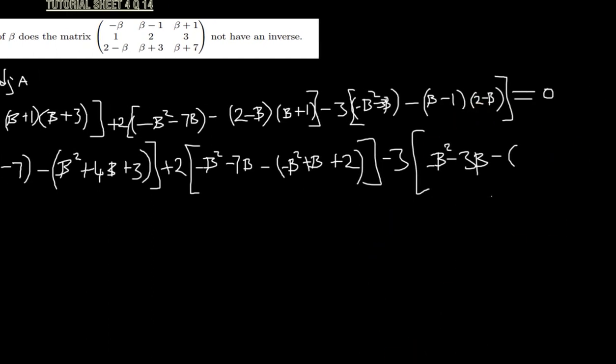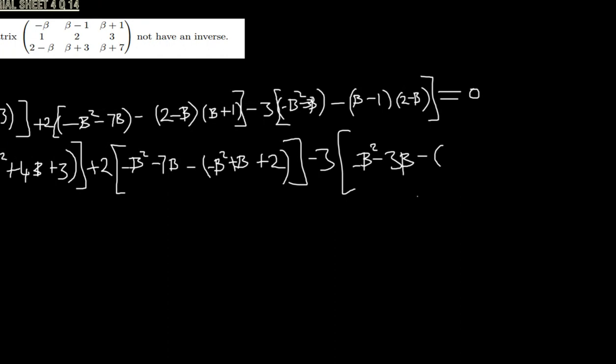so you're going to have something now like this side, beta times 2 to be 2 beta, then you have also negative 1 times negative beta to be positive beta, so 2 plus 1 to give you 3 beta this side, and then beta times negative beta, you get negative beta squared.